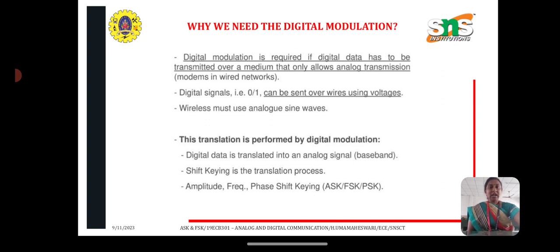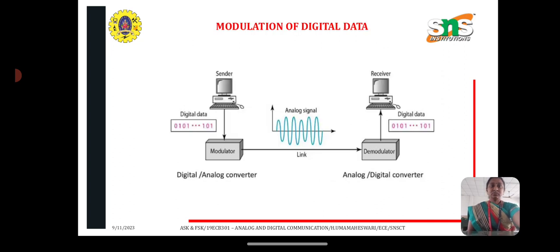We have various shift keying techniques. The first one is amplitude shift keying, then frequency shift keying, and phase shift keying. Here is the representation of digital data. First we send the data to the modulator, which modulates the received digital data, and via the communication link the data is transmitted to the demodulator. The modulator converts the digital signal into an analog signal, and the demodulator converts the analog signal back into a digital signal, which is then given to the receiver.